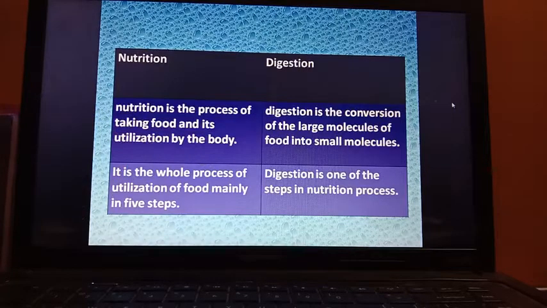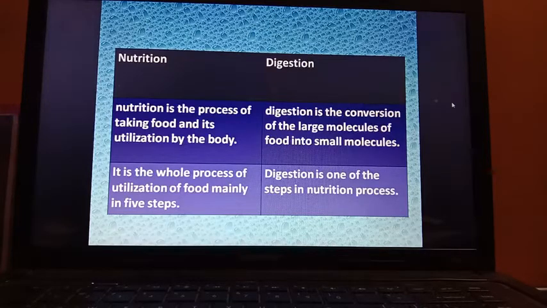Now next question is, choose the correct answer. For that, question number 1, the mode of nutrition in human beings is holozoic. Number 2, the largest gland in the human being is liver. Number 3, emulsification is brought about by bile.